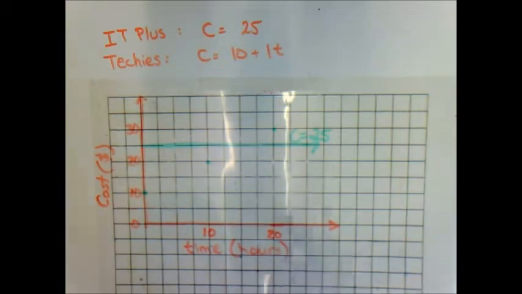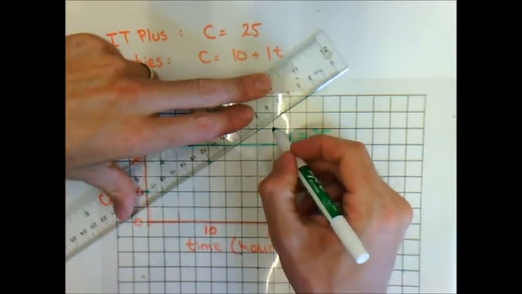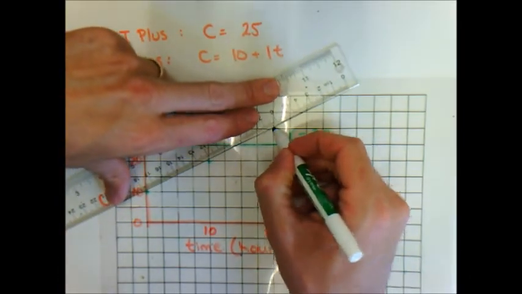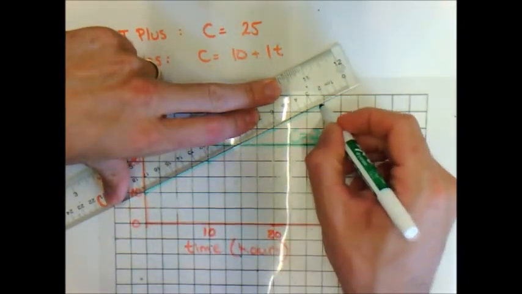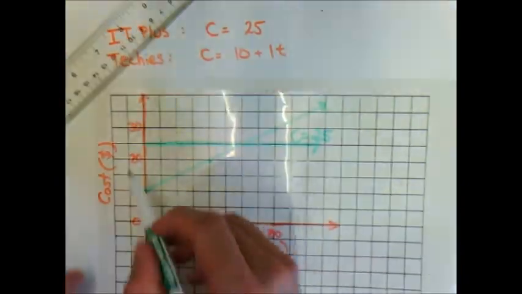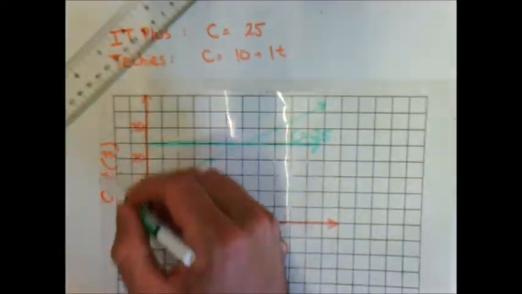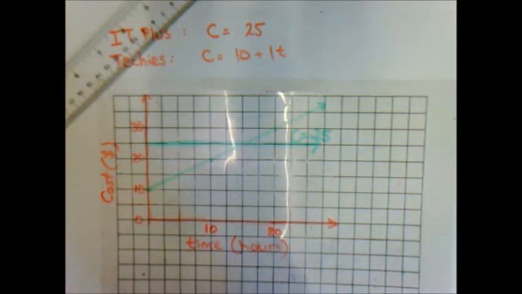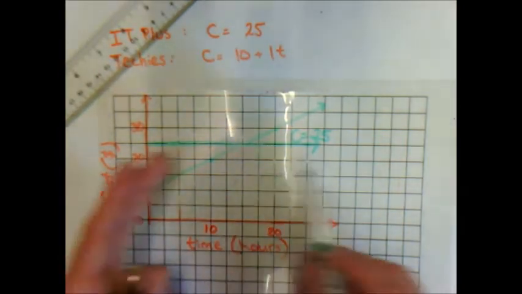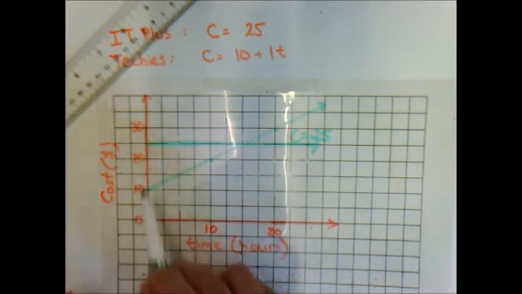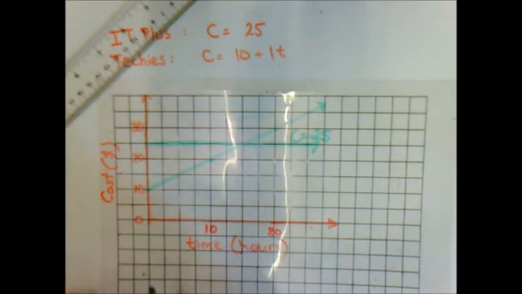And I can draw my line for Techies. Don't need to worry about anything on the left side of the y-axis because I can't pay negative money and I can't spend negative hours on the internet. So we're only dealing with quadrant 1 here, positive x-axis and positive y-axis.